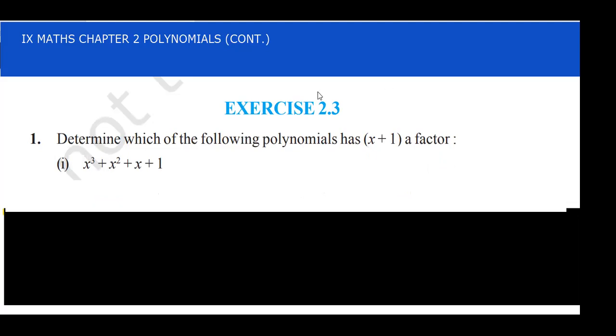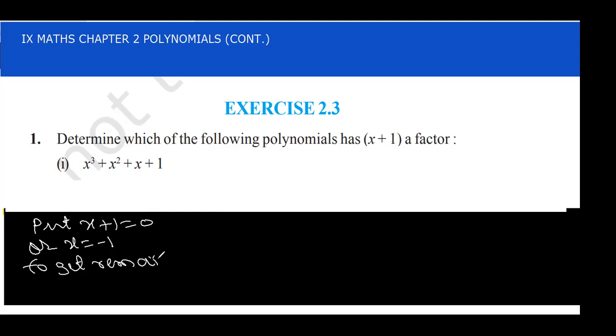तो देखिए इसका हम रिमाइंडर फाइंड आउट करते हैं। तो रिमाइंडर फाइंड आउट करने के लिए क्या करेंगे? Put x plus 1 is equal to 0 और x is equal to -1 to get a remainder.